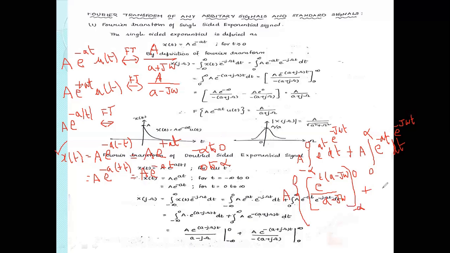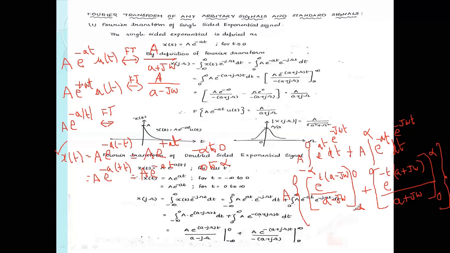Plus here e power minus (a plus j omega) t by (a plus j omega), with limits infinity and 0.